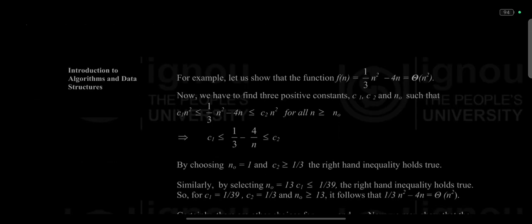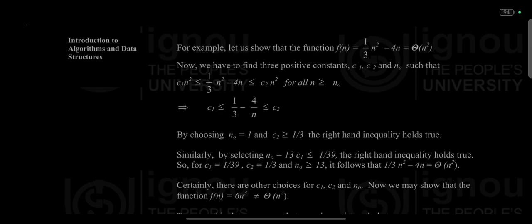Now for example, let us show that the function f(n) equal to 1/3 n^2 minus 4n is equal to theta n^2. We have to find three positive constants c1, c2 and n0 such that c1 n^2 is less than or equal to 1/3 n^2 minus 4n, which is less than or equal to c2 n^2, for all n greater than or equal to n0. This implies c1 is less than or equal to 1/3 minus 4/n, which is less than or equal to c2.